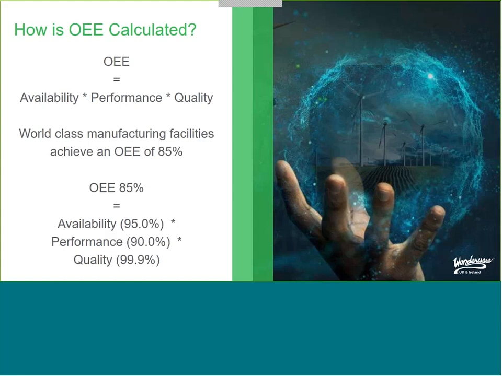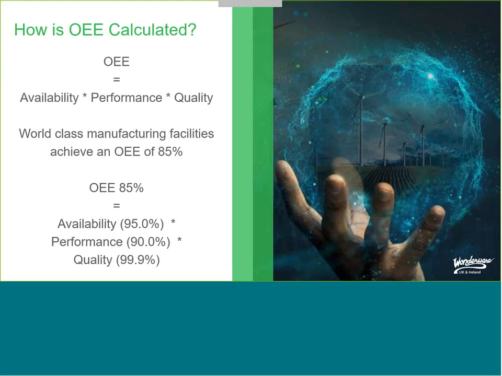It's calculated by multiplying your availability percentage by your performance by your quality. So that's where availability takes into account all those downtime losses. It's a ratio of your actual running time or your uptime to your planned production time. Performance, we're looking to measure the ability of the machine to produce at a target production rate.